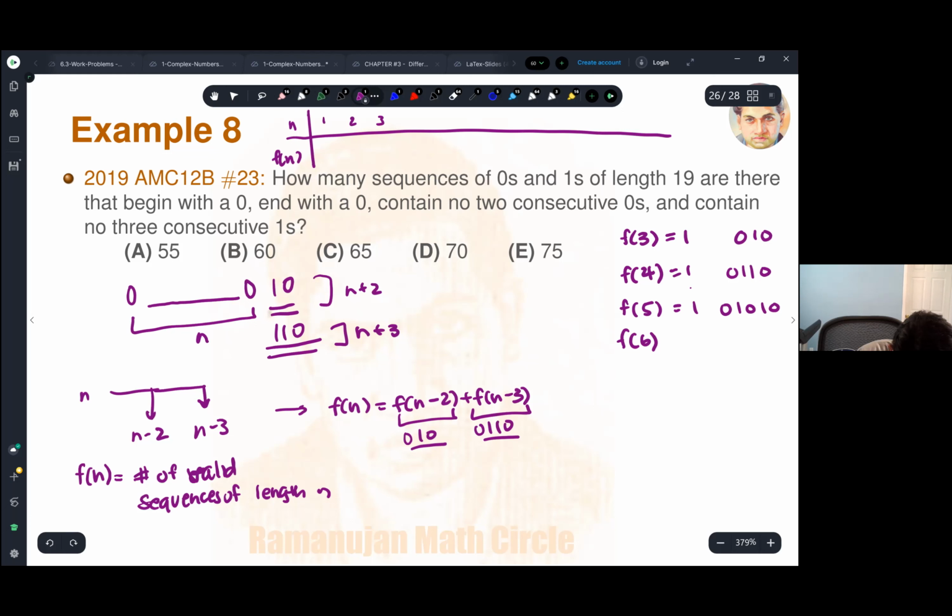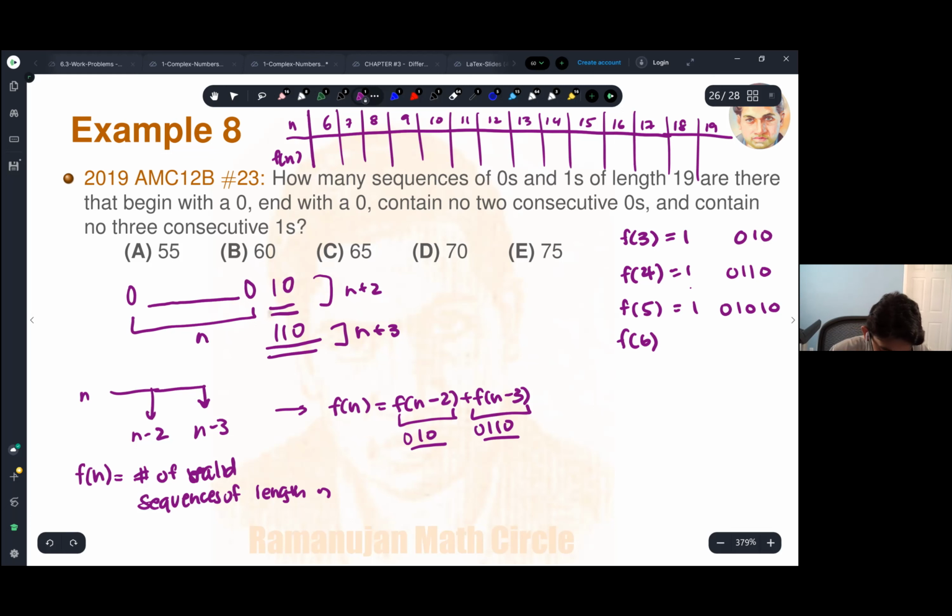We're going to get rid of the first values, so we're going to start out with 6, 7, 8, 9, 10, 11, 12, 13, 14, 15, 16, 17, 18, 19. And we already have the values of f of 3, 4, and 5.